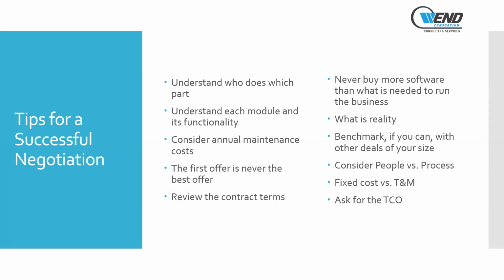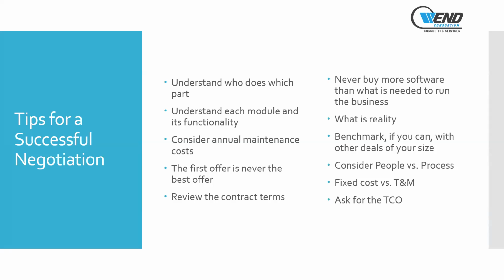We also want to make sure we know what is reality, right? We want to distinguish between fear, uncertainty, and doubt from other people. When we're talking to our vendors, we don't let them create any type of fear, uncertainty, or doubt. We want to make sure we are working with a vendor that has the long-term viability that we talked about.